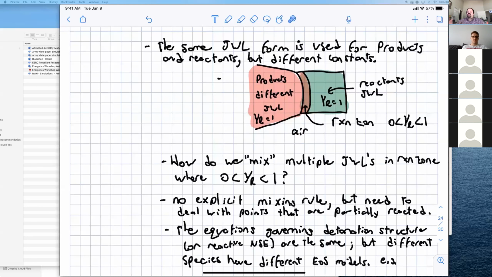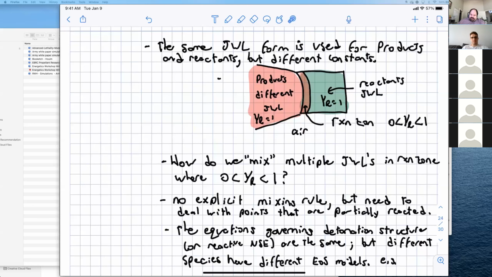You can't just sum the mass fractions times A and get a mixture A. That does not work. And so the mixing of different JWL gases becomes extremely complicated, because you basically need to deal with these points here that are partially reactive. They're basically partway between the reactants and the products. And so in this region here, you need to deal with a mixture of two different materials.